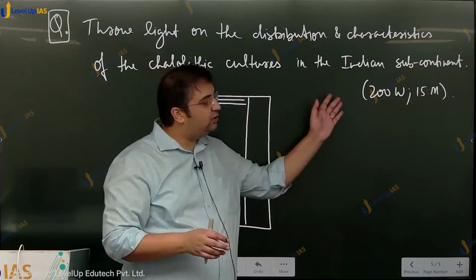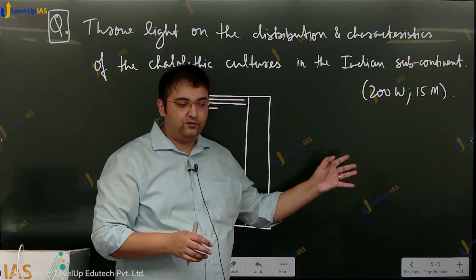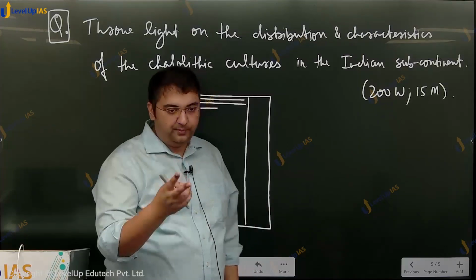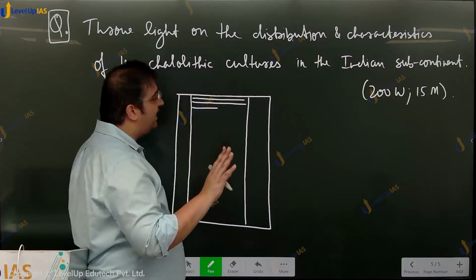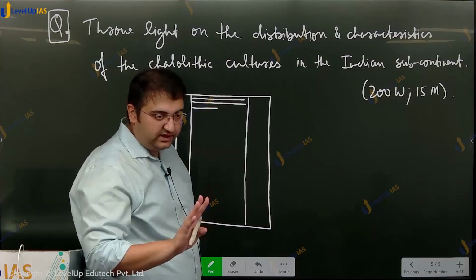For a 250-word question, you will get 4 pages. For a 150-word question, you will get 2 pages. What should the cosmetic characteristics of your answer be?